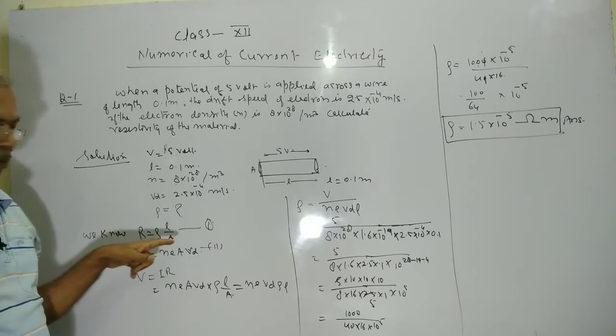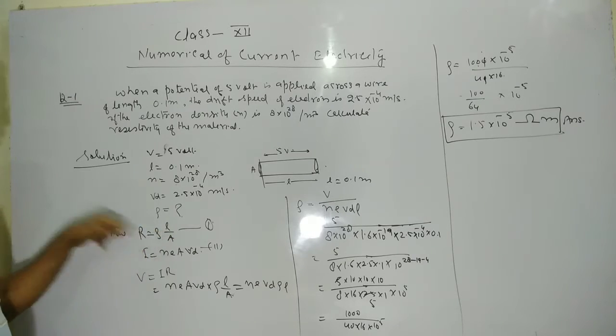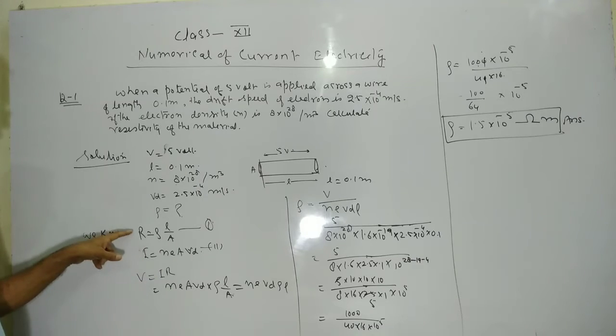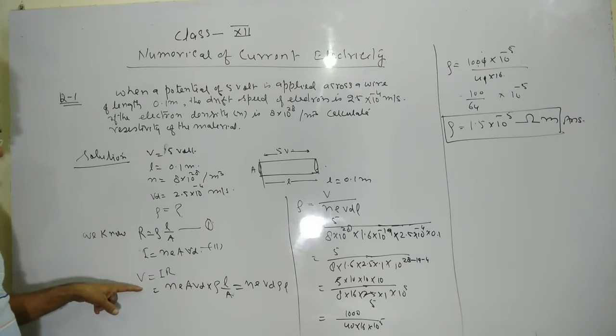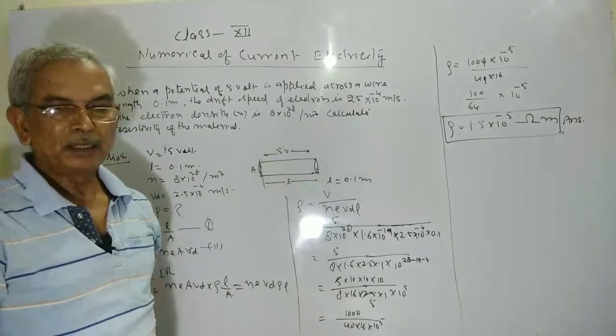Resistivity is to be found out. Resistance formula R equal to rho L upon A. The relation between the current and the drift velocity is given, and V equal to IR. We put the values of R and I, and then that is the answer.